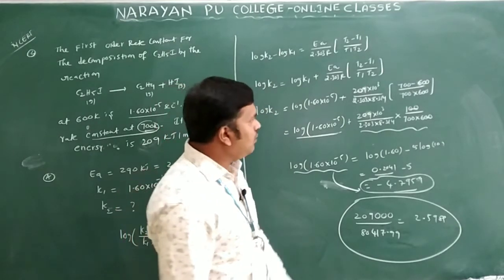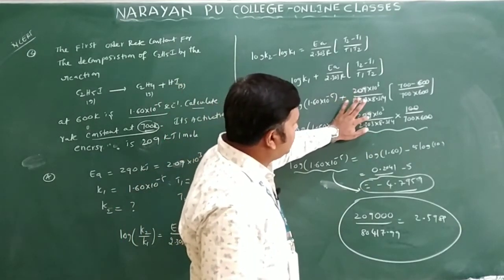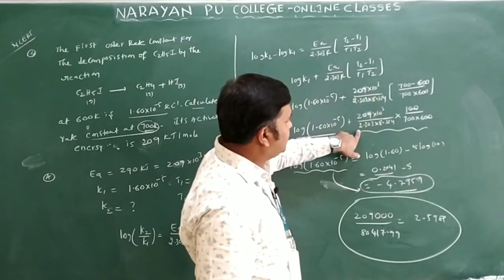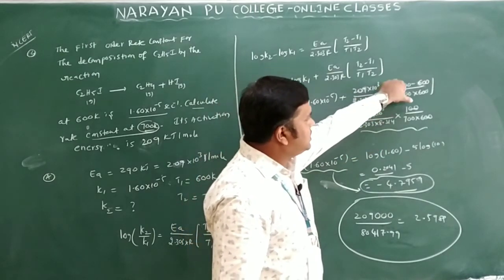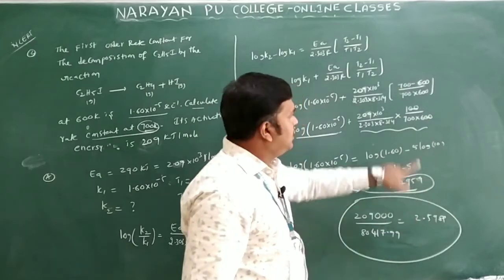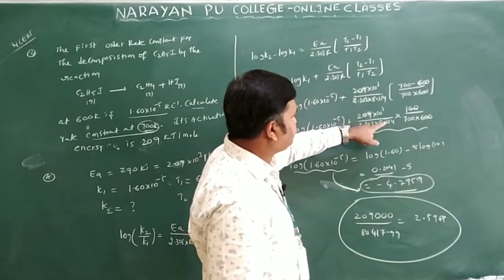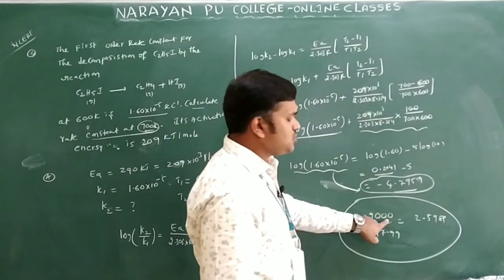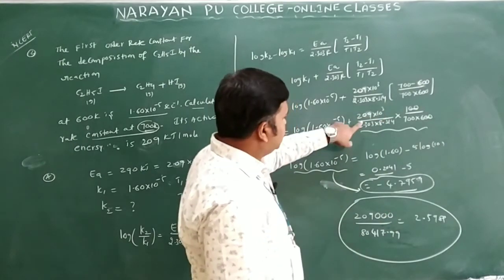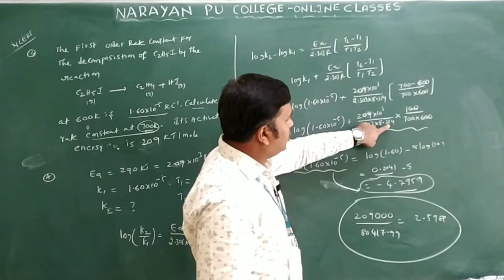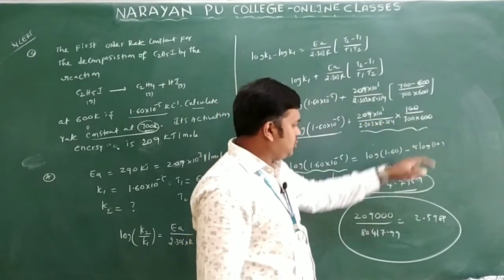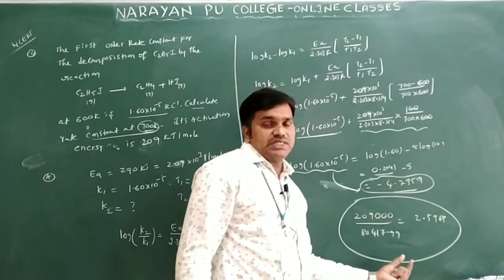Now what is the value we have? This is 209 into 10 cube by 2.303 into 8.314 into 100 by 700 into 600. Here the zeros cancel. If you multiply this, 209 into 10 cube, that is 209000, by 2.303 into 8.314 into 700 into 6, you will get 80417.99.